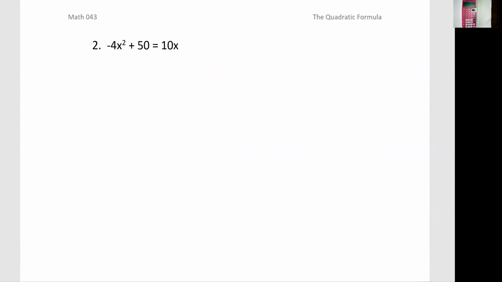So number 2, we need to set equal to 0 as well. And I'm going to let you solve this one however you would like, but our answers should be -5 and 5/2.